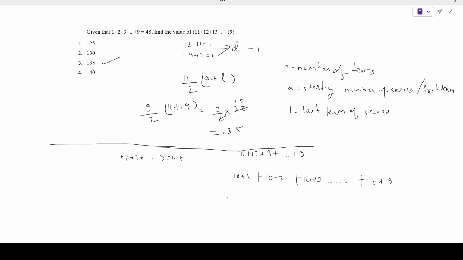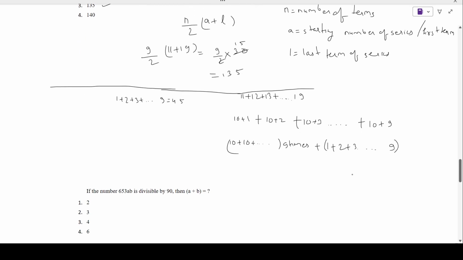Now if we rearrange this series, we have 10 plus 10 plus 10 up to 9 times, plus 1 plus 2 plus 3 up to 9. We have only rearranged the way of writing this.